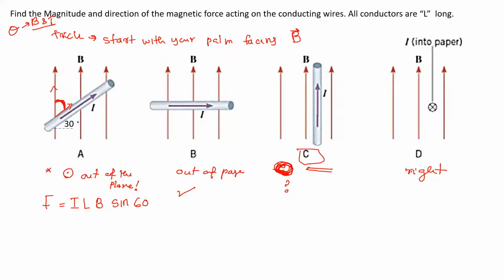They have given this angle, which is 30. If this is 30, this is 60. Okay. So what is the sine value in this? 90. Sine 90 is 1, right? Sine 90 is 1. So you get ILB.